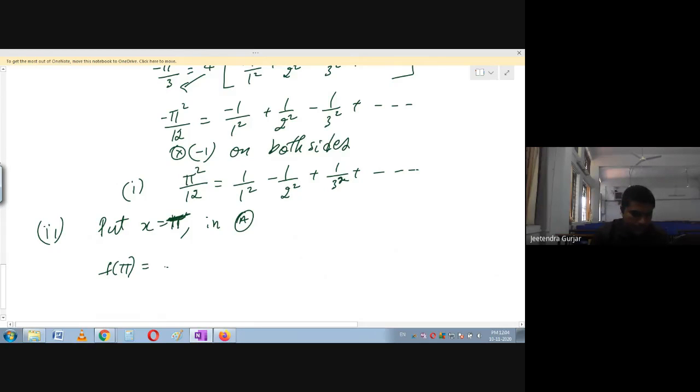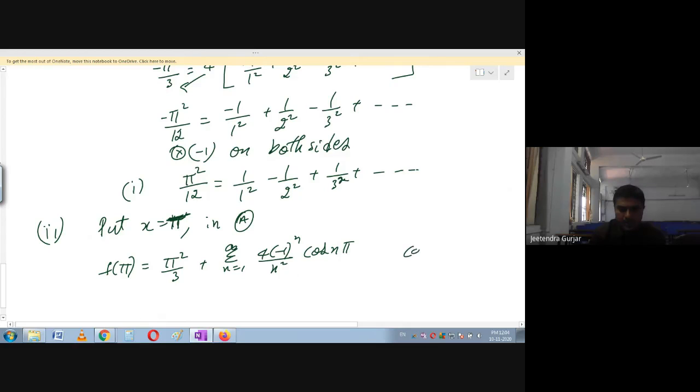is equal to, now you can see, substitute the value. So π²/3 remains as it is, plus summation n = 1 to infinity will remain as it is, 4(−1)^n / n² will remain. And here you can see it is cos nx, x is π, so I'm going to substitute π.